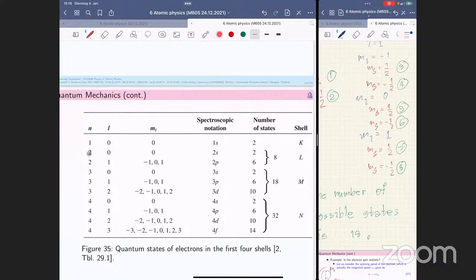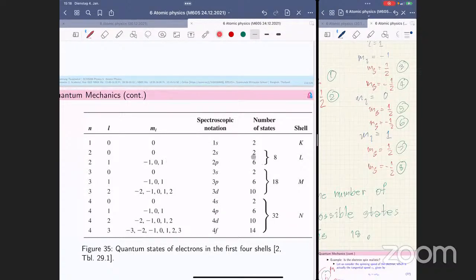When n is equal to 2, which is L, the capital L case, and L is 0, it's called 2s, right? Because n is equal to 2. And when n is equal to 2 but L moves from 0 to 1, it is denoted by P. That is the spectroscopic P case, and we have 6 possible values for electron orbits.